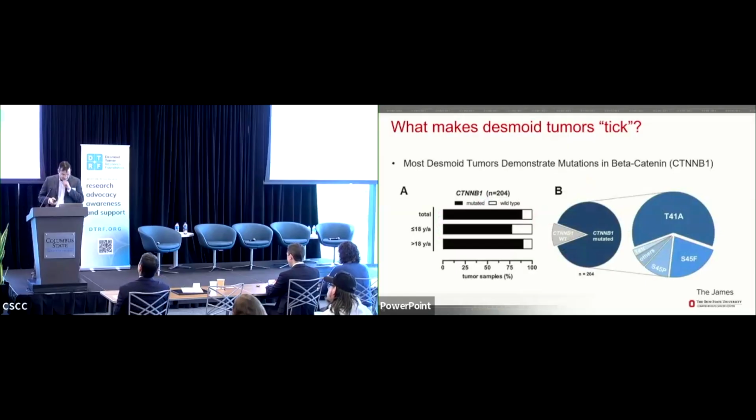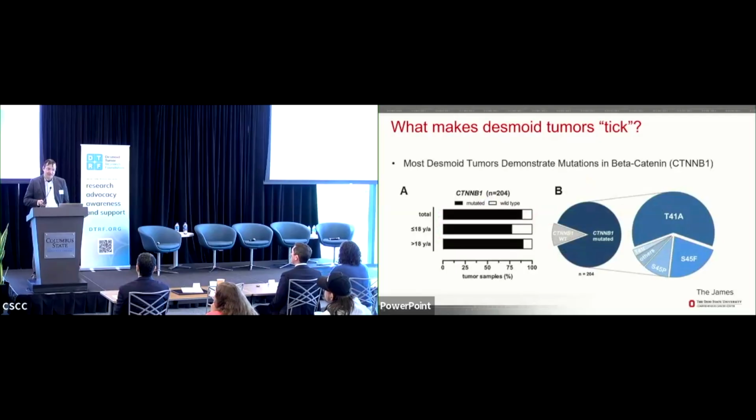So what are the mutations that we see? I think over the last 20 years, there's been an increased understanding of the specific genetic changes that we see in desmoid cells. With the advent of genomic technology and genomic sequencing, they've done a fairly broad look at the potential genetic changes that you see in desmoid.